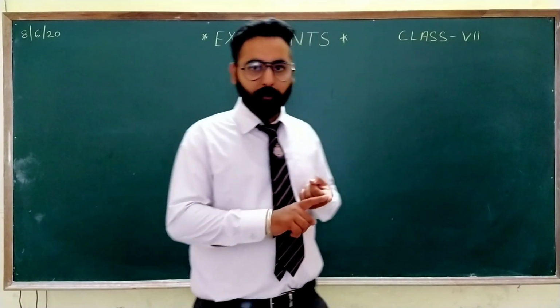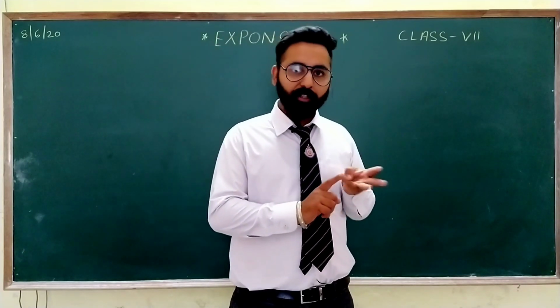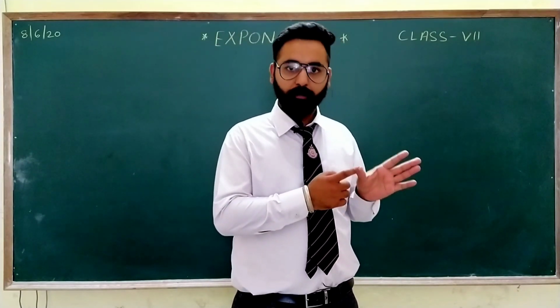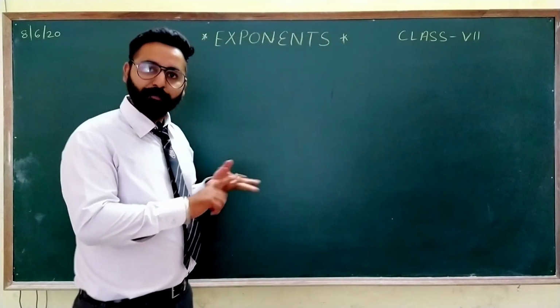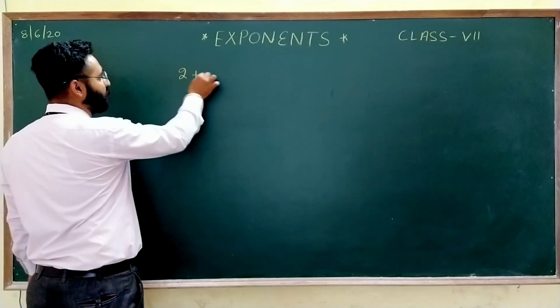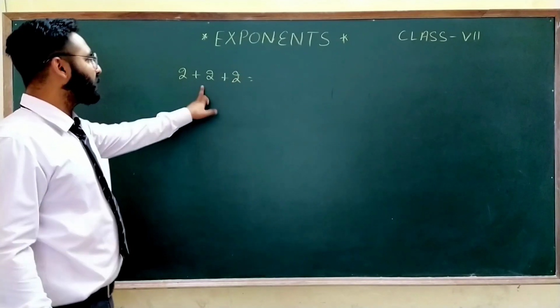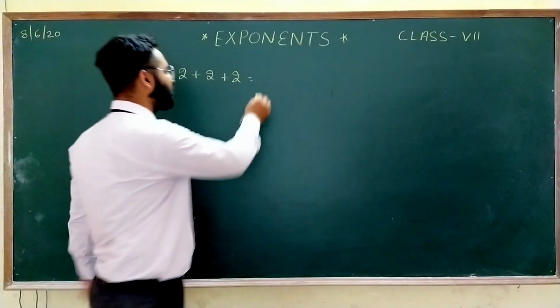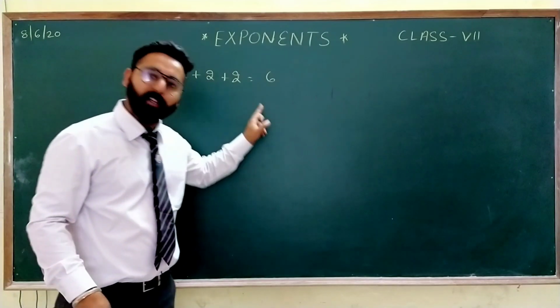We all have studied natural numbers, whole numbers and rational numbers. There we studied their properties also, like properties of addition, subtraction, multiplication and division. One of the properties was like 2 plus 2 plus 2. We all know 2 plus 2 is equal to 4, plus 2 is equal to 6. But we are adding one number only with itself.